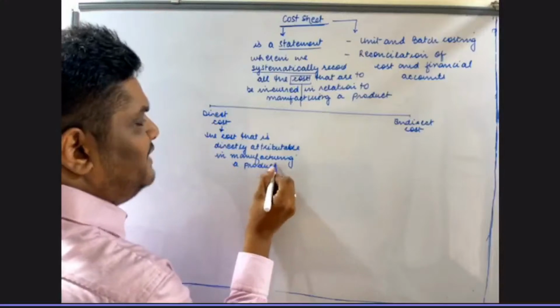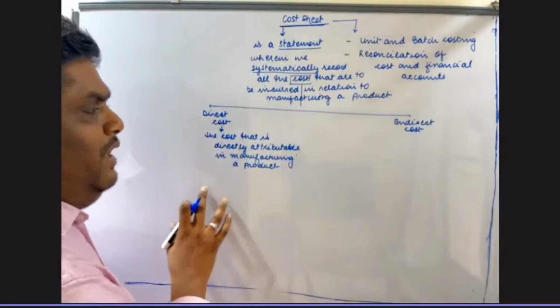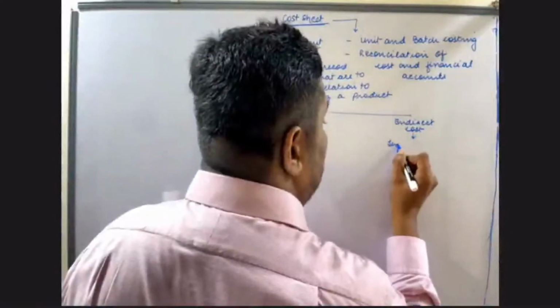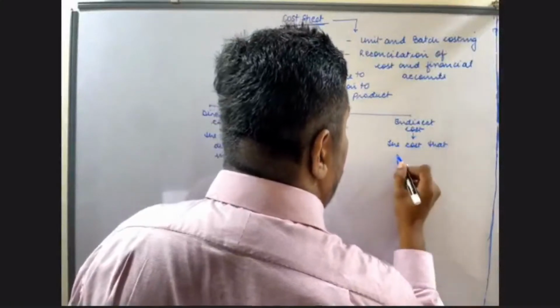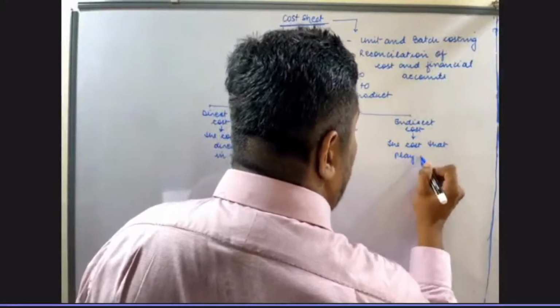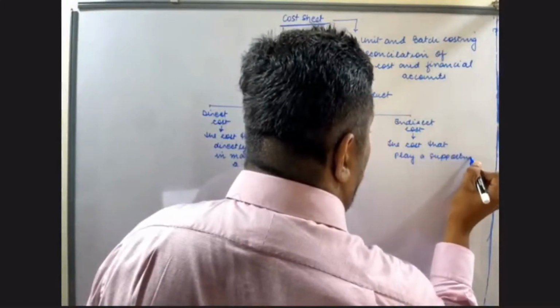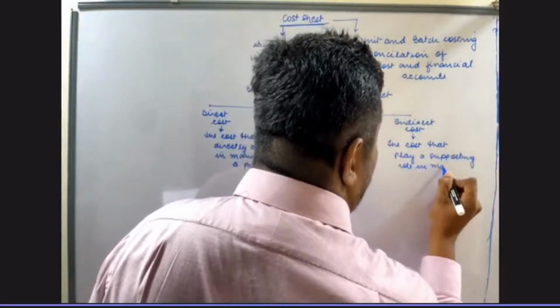What is direct cost? The cost that is directly attributable in manufacturing a product is direct cost. And when talking about indirect cost, the costs that play a supporting role in manufacturing a product.